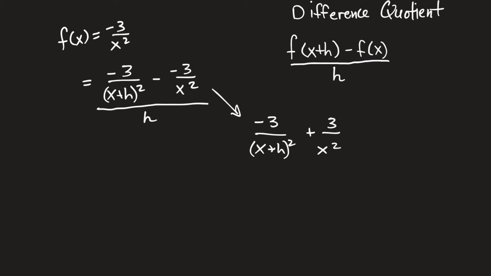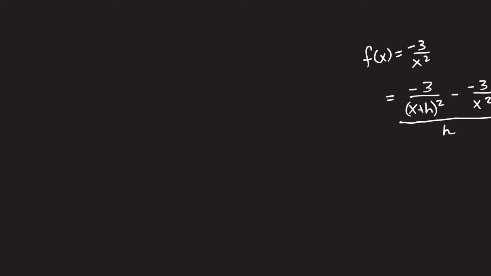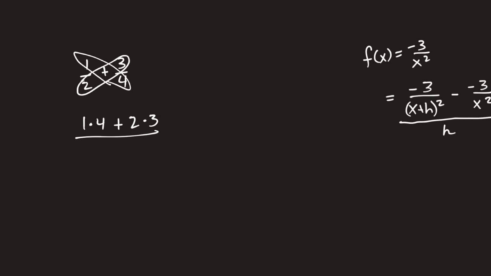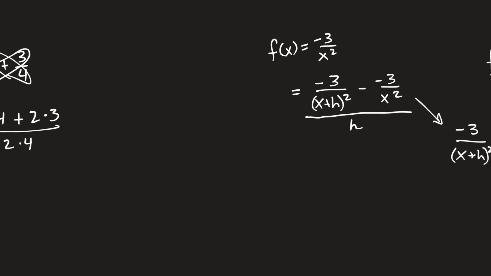Now, I'm going to do a little trick where if you have something like 1/2 plus 3/4, you can multiply. It would be 1 times 4 plus 2 times 3, all divided by 2 times 4, right? I'm going to use that same idea here.